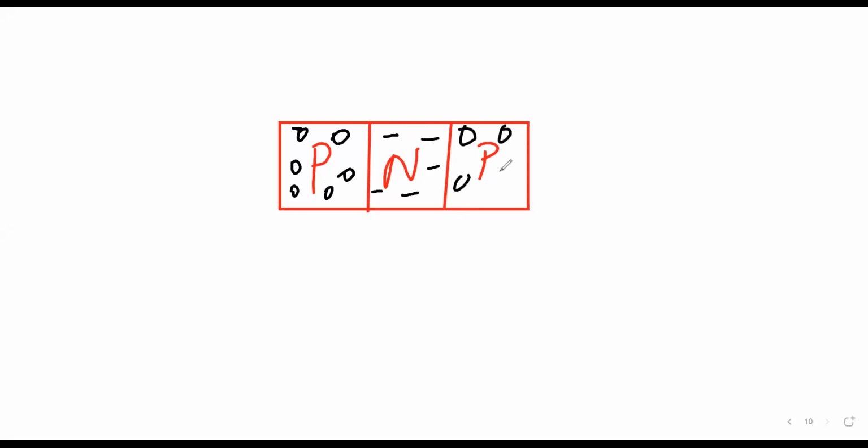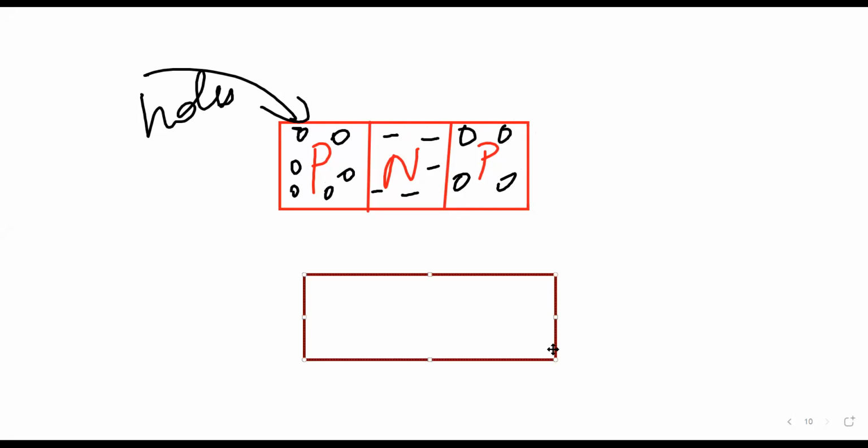For a transistor to work, if it is PNP, I have to supply more holes to P. Now I'll draw NPN.